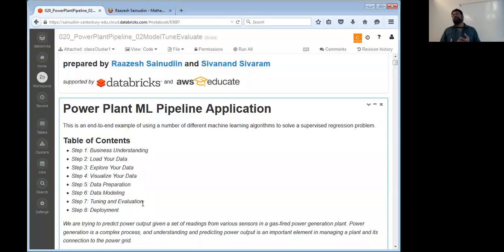Deploy means your power plant operator will want to actually be able to talk to the cloud and directly get feedback on what the power output is going to be in real time. To understand deployment, I have to take you to the third component of the Spark stack, which is the Spark streaming part of Spark.